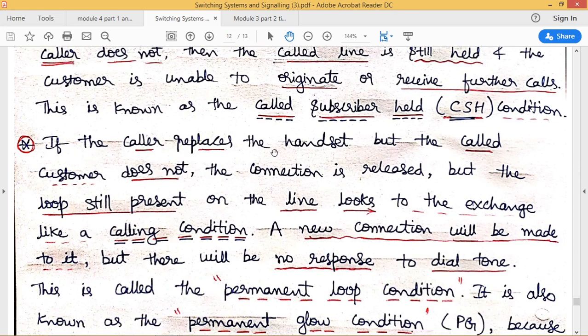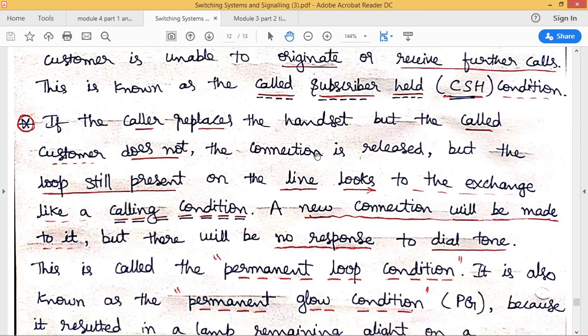If the caller replaces the handset but the called customer does not, that is, he is not going on hook, then the connection is released on this side but not on this side.